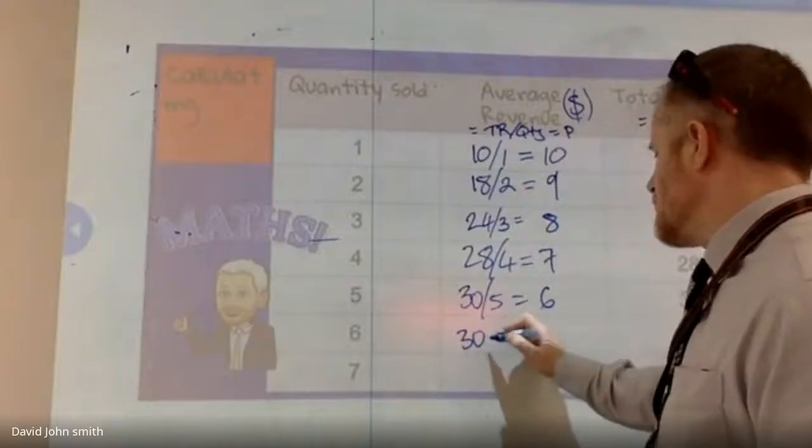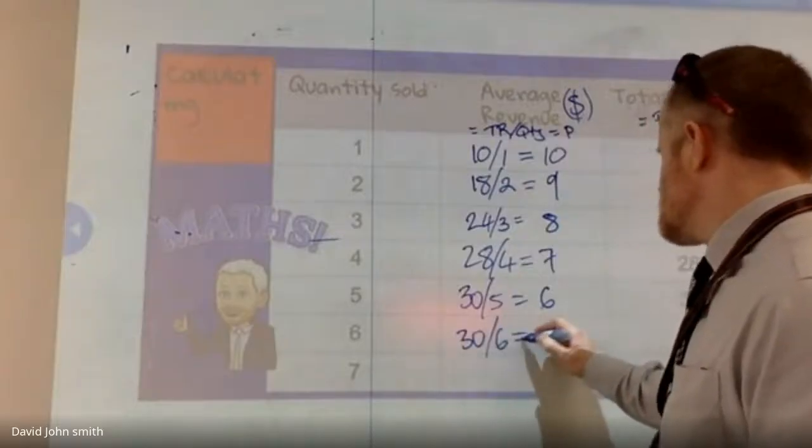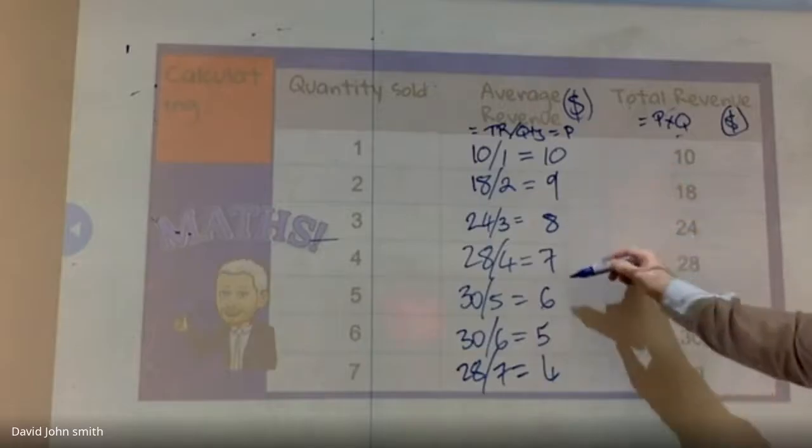Oh, here we go. Slight change. 30 divided by 6 this time, 5. Then you've got 28 divided by 7, that's 4. 10, 9, 8, 7, 6, 5, 4.